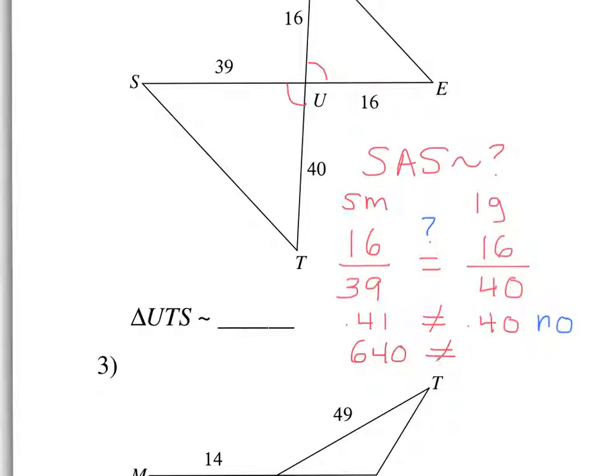And that is not going to be equal to, if we go back to the other way, 39 times 16, which is going to give me 624, which of course is another not equal to situation. So this one we would say is not similar. And anytime you're saying not similar, of course, there's no way to fill in that blank of what it's similar to. So that's where we're at for the first problem.